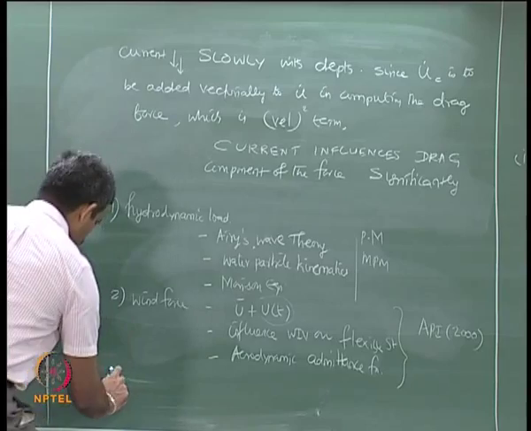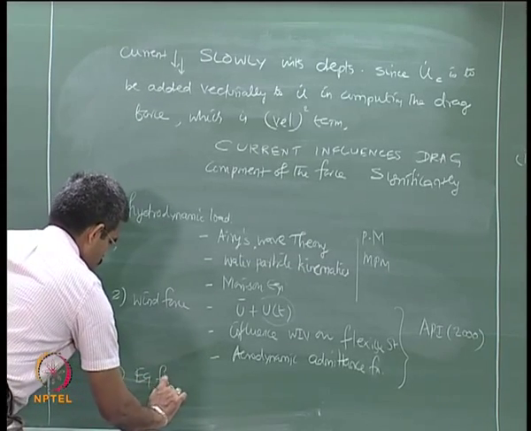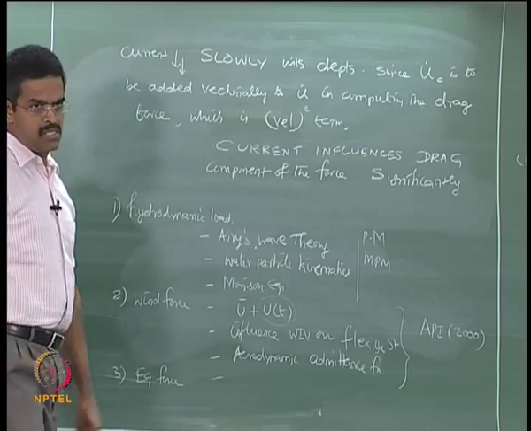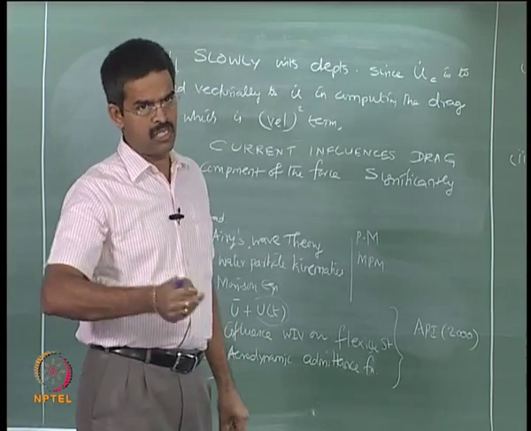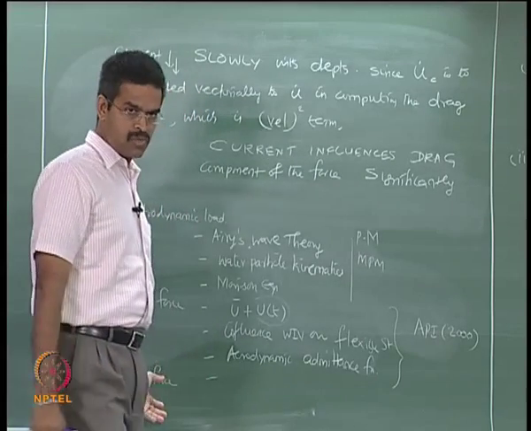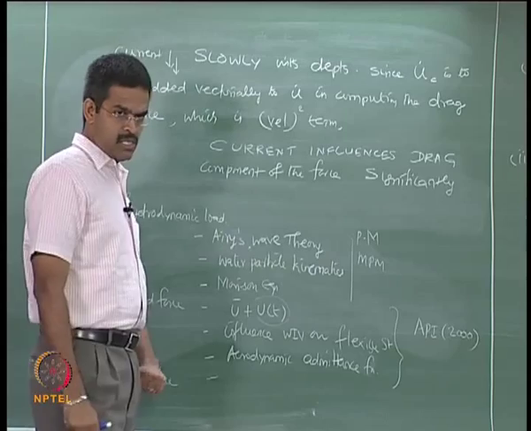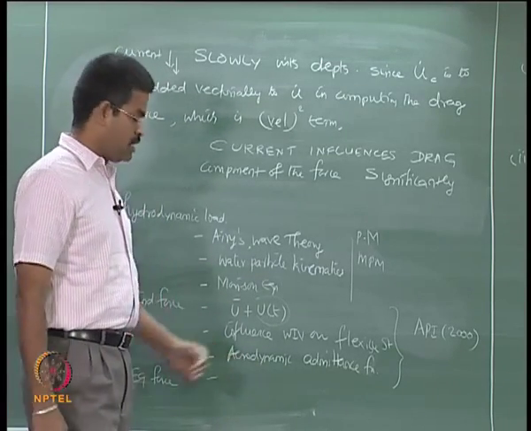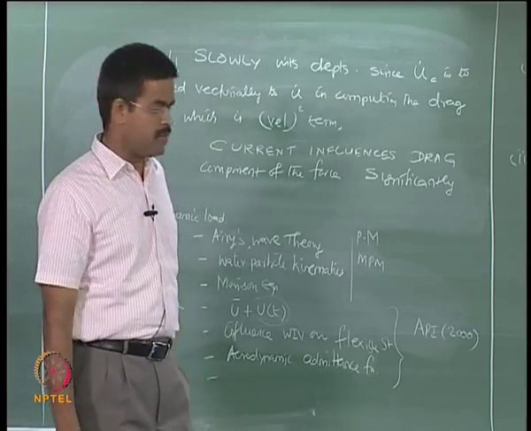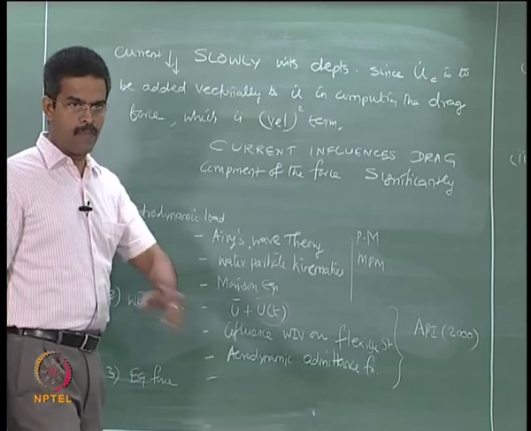Thirdly, we also discussed seismic loads, earthquake forces. Earthquake forces predominantly affect bottom supported structures because they can transfer the force from the seabed to the structure directly. This induces an inertia component, it does not induce a drag component in the structure, whereas wind and wave both induce drag components.